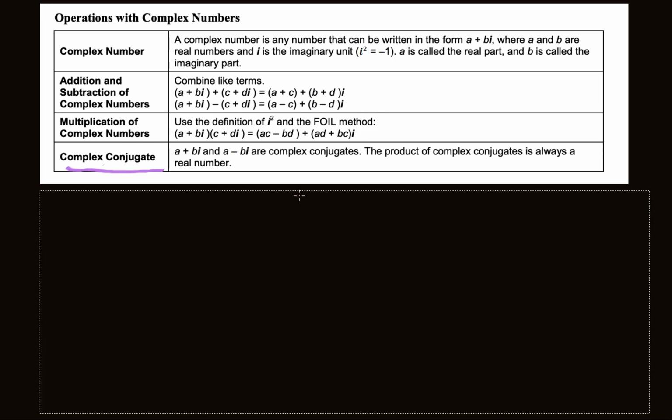I'm going to give you 2 different types of examples. One, where we're going to have to use the complex conjugate, and the other, where we actually just split it up and divide both pieces of the puzzle. And here I go.